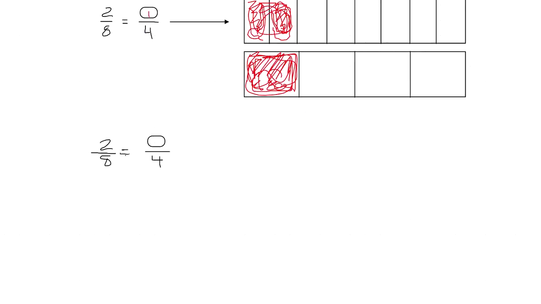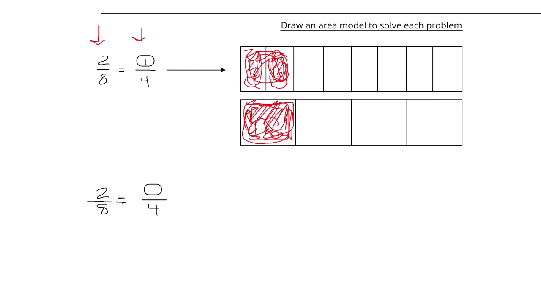Now, here at the bottom, keep in mind you can also multiply to find your answer. Make your smiley face. This is the same exact fraction above, but you don't have to use a model. You can use multiplication to figure it out, or division. In this case, I'm going to use division. I'm going to say 8 divided by what number gives me 4?